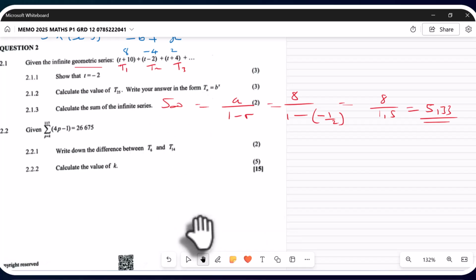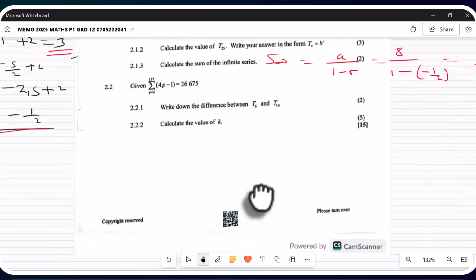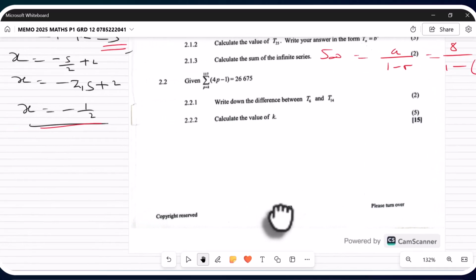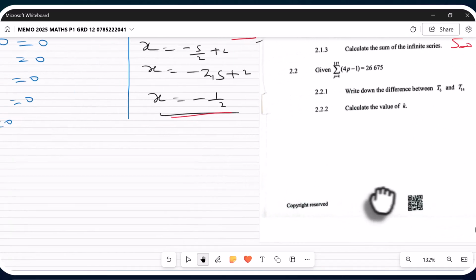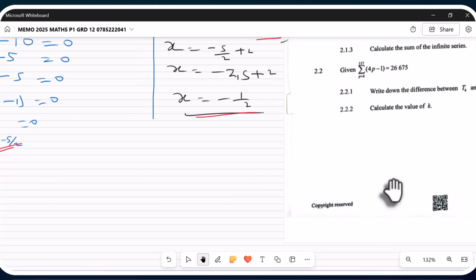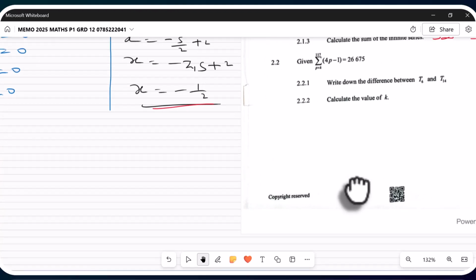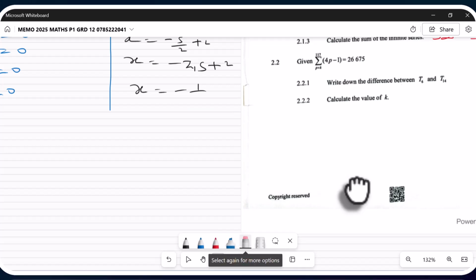So our T14 minus T6, we just substitute, it's going to be 4 multiplied by 14 minus 1. Then everything minus T6, again minus 4 multiplied by 6, because our p is 6 now, and then minus 1.